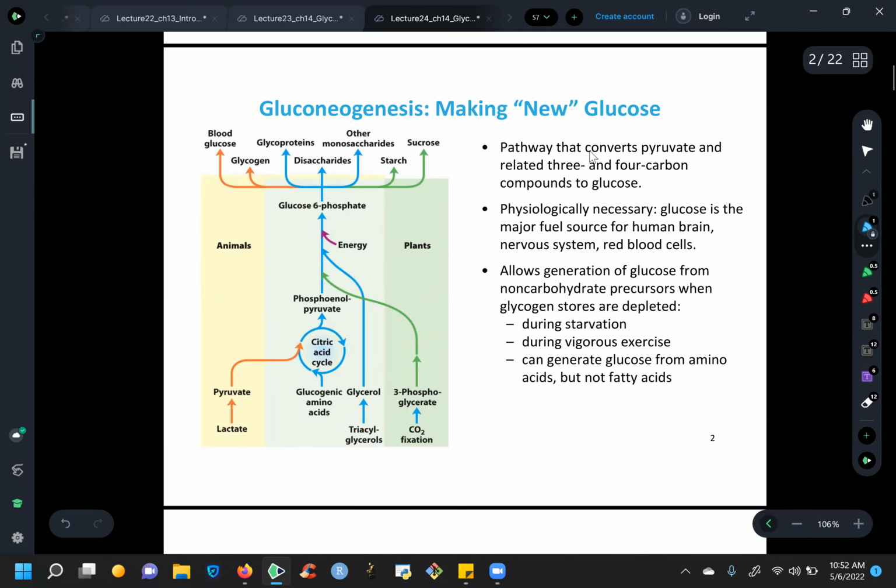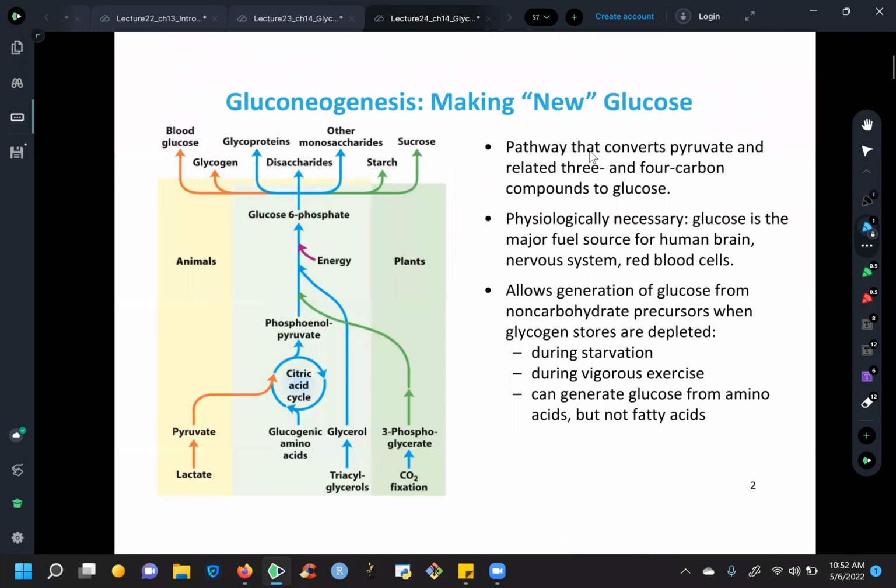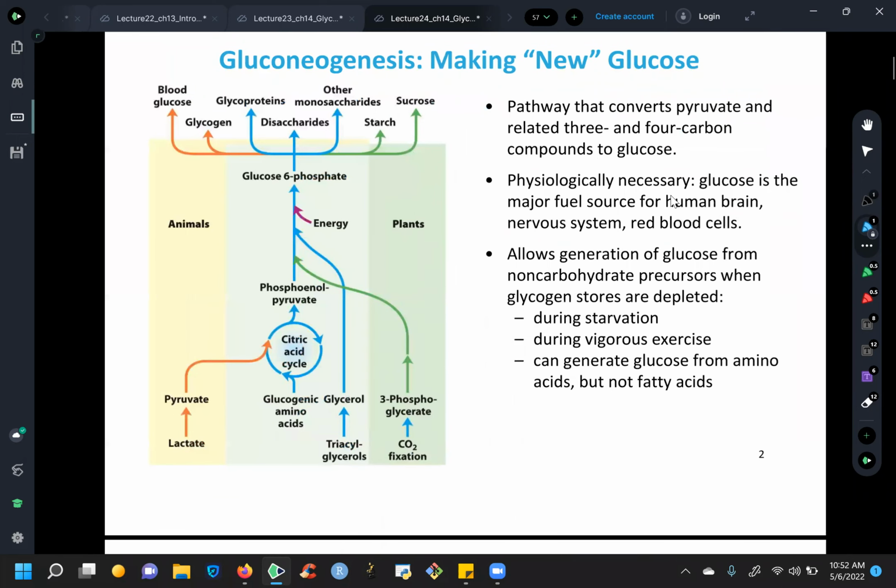Gluconeogenesis, making new glucose. It's a pathway that converts pyruvate and related 3 and 4 carbon compounds to glucose. Physiologically necessary. Glucose is the major fuel source for the human brain. I've seen on exams that our brain really needs glucose. The nervous system and red blood cells too.